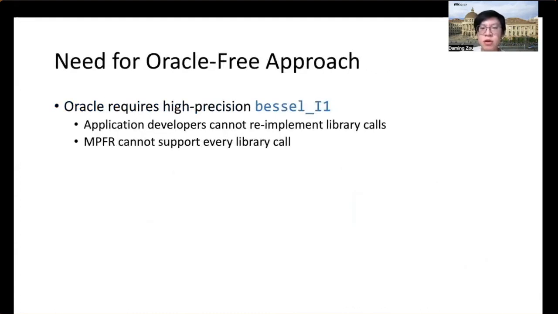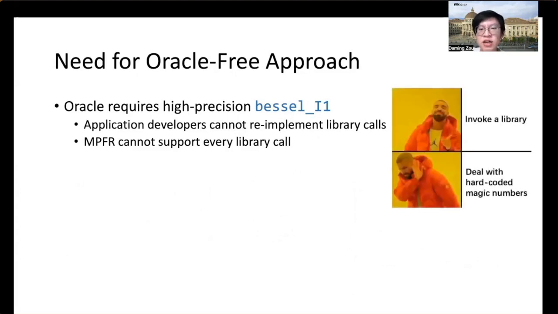Back to our example, which involves a GSL Bessel function. It also contains hard-coded series inside. The application developers that simply invoke the library are unable and unwilling to deal with the hard-coded magic numbers and to re-implement each of the library calls. At the same time, we cannot expect MPFR library to support every library call either.